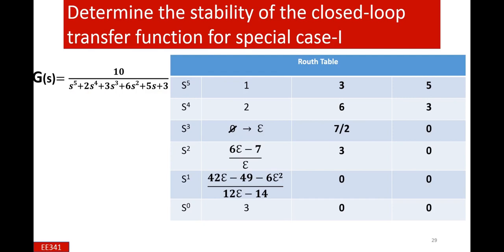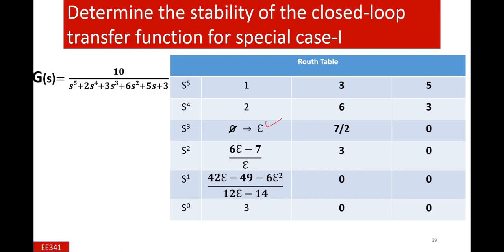So now this 0 is replaced by some small value epsilon. By using the epsilon, we can find the next row, which is 6 epsilon minus 7 by epsilon, and the next value is 3, and similarly the next one is a 0.